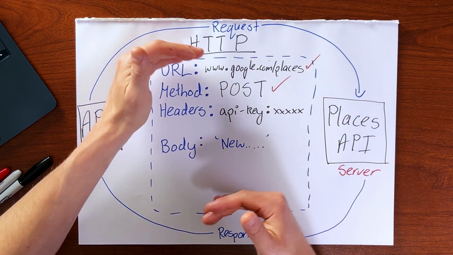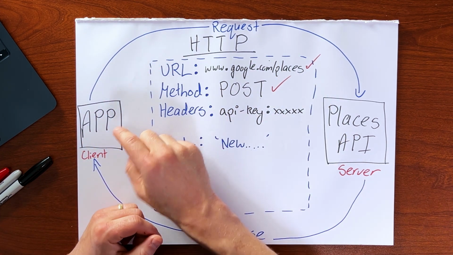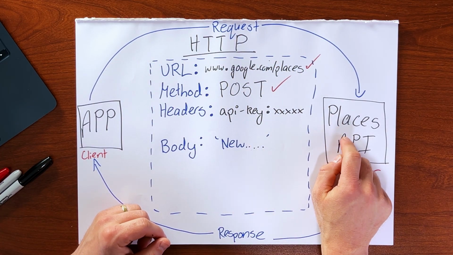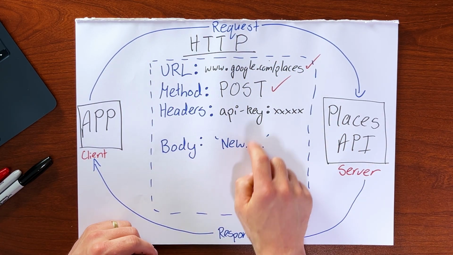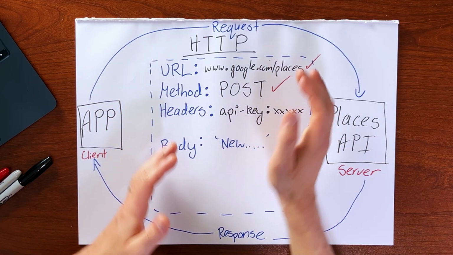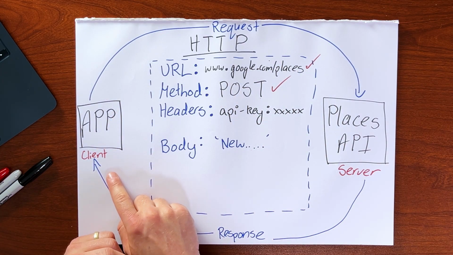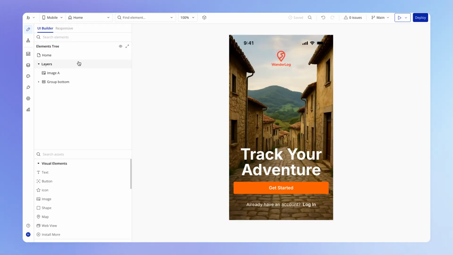And now this is probably bordering on the abstract, so I want us to get into Bubble and start setting this up. Specifically, I want us to set up this request in our Bubble app so that our Bubble app is going to make this request to the Places API. And that means that we can then play around with changing the content within this request and seeing how that changes the response that we get back. So we set up an integration between our app and some external API in Bubble by going over to this plugins tab here.